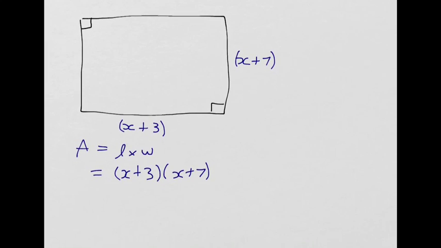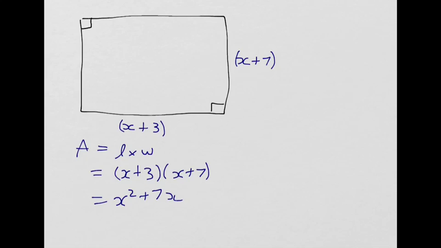And what do we do now? How do I multiply these two together? Distributive property. Yeah, the distributive property, or FOIL, was a method you were taught a couple days ago. So I go x times x first, so that's just x squared. Next I do x times 7, you should be pretty familiar by now. That's 7x.